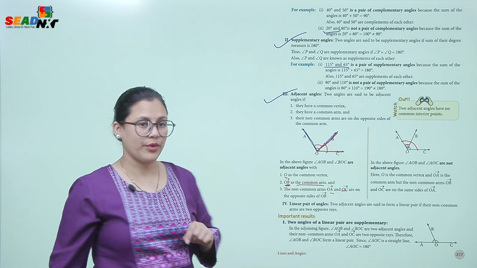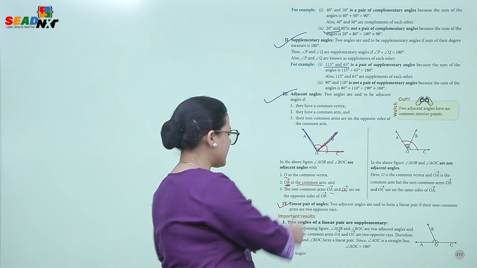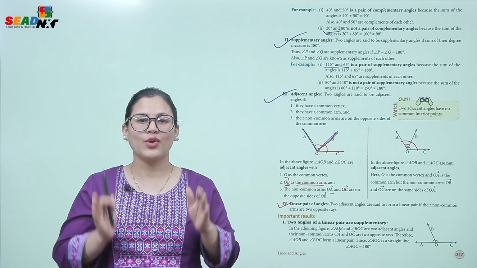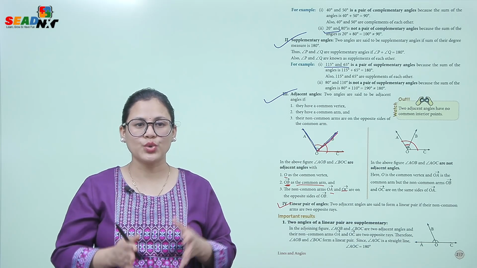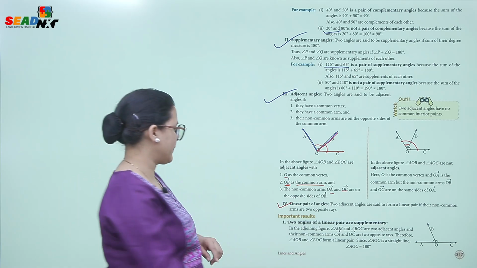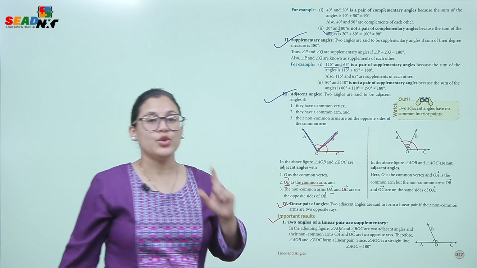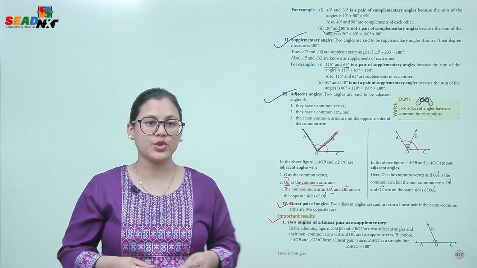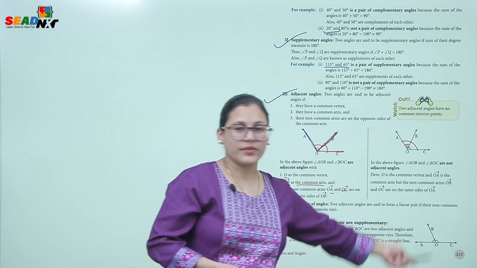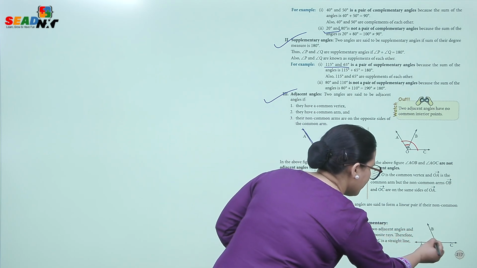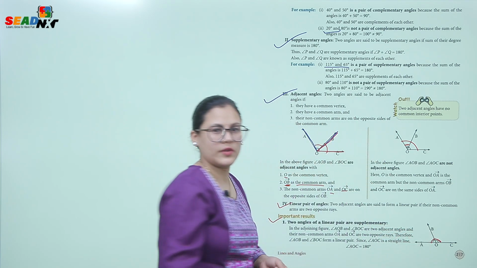Number 4 is linear pair of angles. Two adjacent angles are said to form a linear pair if their non-common arms are two opposite rays. Now, important results. Number 1, two angles of a linear pair are supplementary. In the adjoining figure, angle AOB is this angle and angle BOC is this angle.